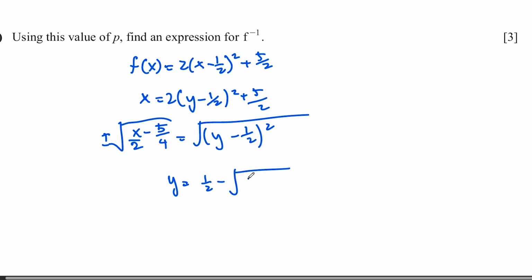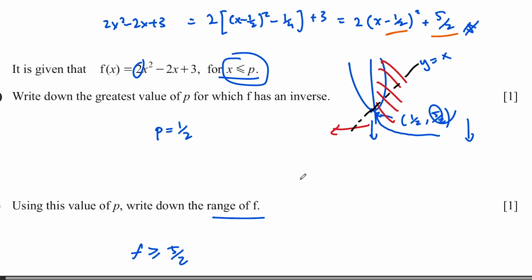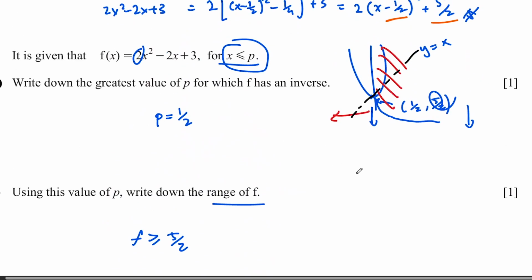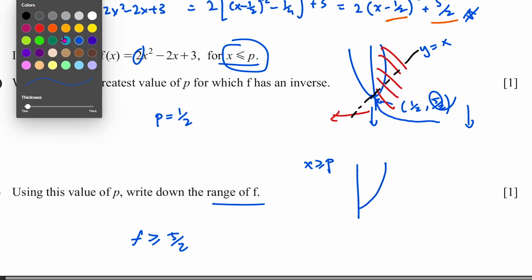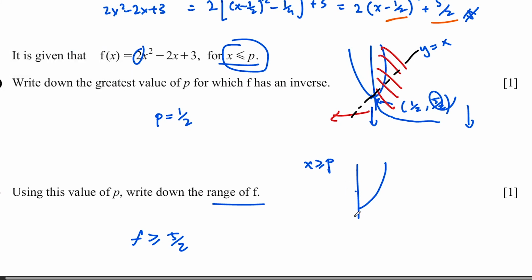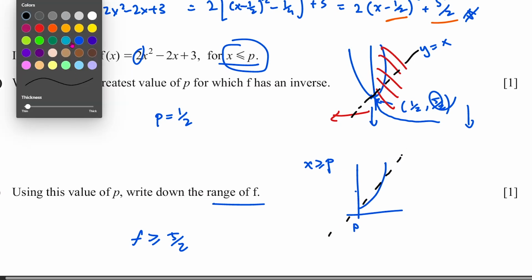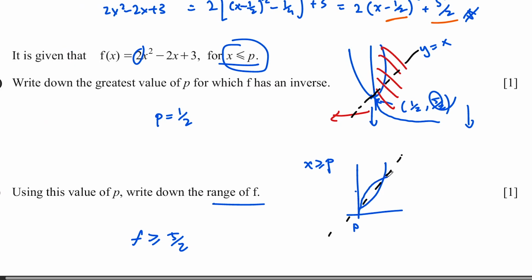Half minus the square root. So if it were the case that we were going to take the domain for x greater than p, and we are only looking at this side of the graph, let's say this is p, and we know that when we reflect it on the symmetry line, the graph will be increasing, and we take the positive square root.